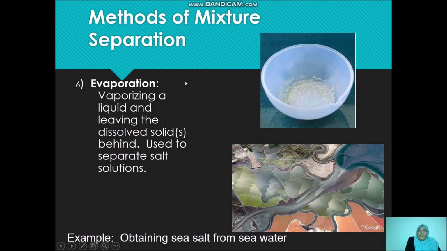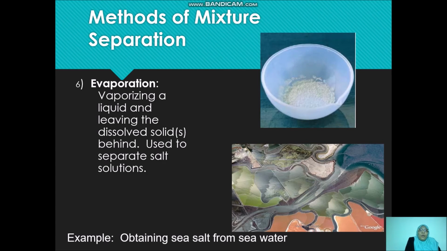Now, evaporation. What is evaporation? Evaporation is vaporizing a liquid and leaving the dissolved solid behind, used to separate a salt solution. Here you have the figures of how to get salt. The first is seawater. Seawater means a mixture of water and salt.